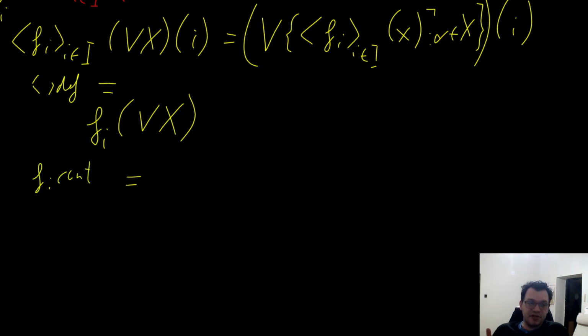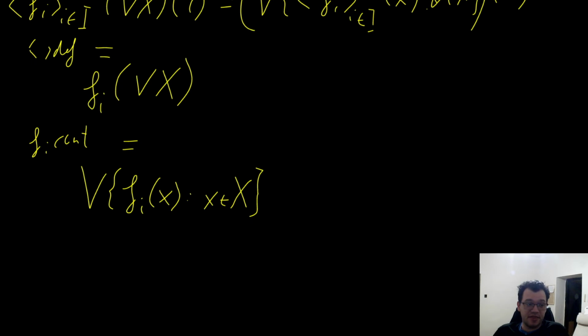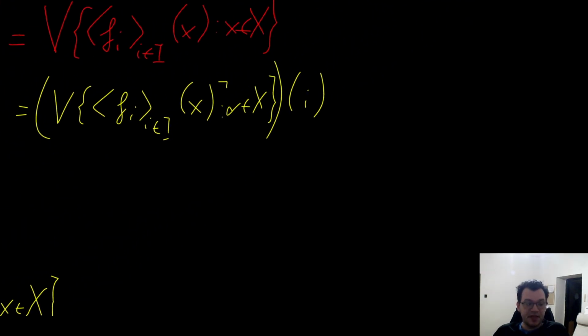Because fi being continuous, I can swap the application of fi and the supremum because X was a chain. So this is just the supremum of the fi of x's, x in X. Hopefully this is the same thing which will come out from the right hand side. So what's this?